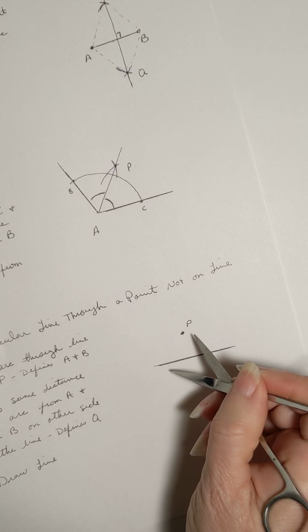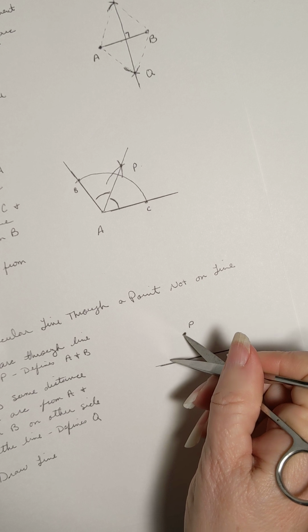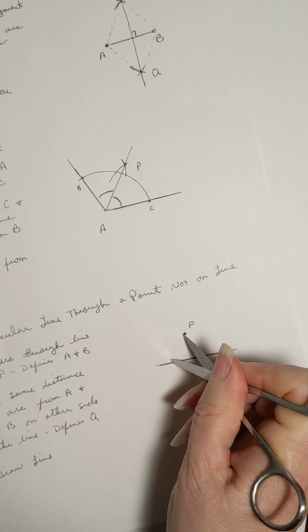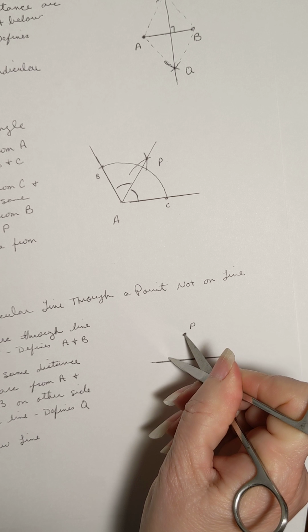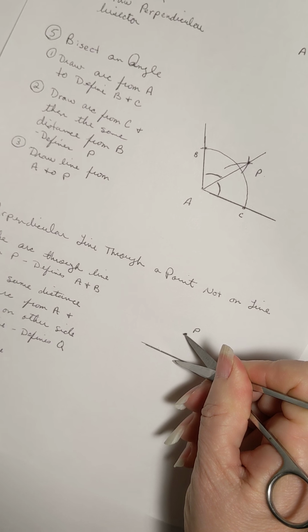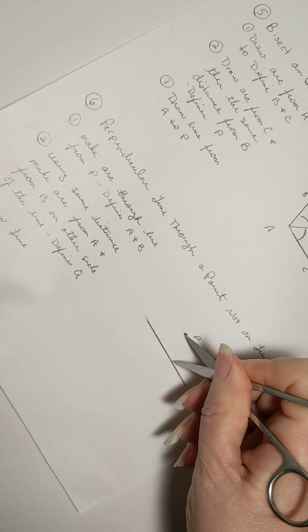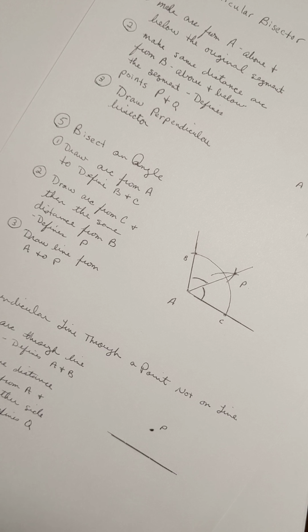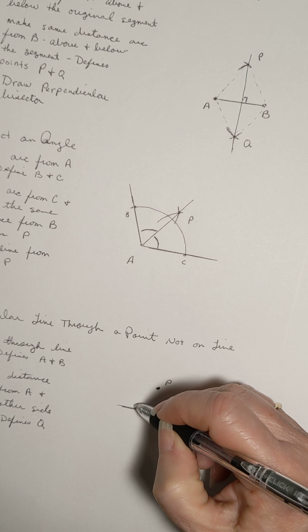So let me turn my paper a little bit. So let me make it a little bit smaller. So I'm going to just make an arc through P. All right. And notice sometimes it's easier to turn your paper than it is to turn the compass.